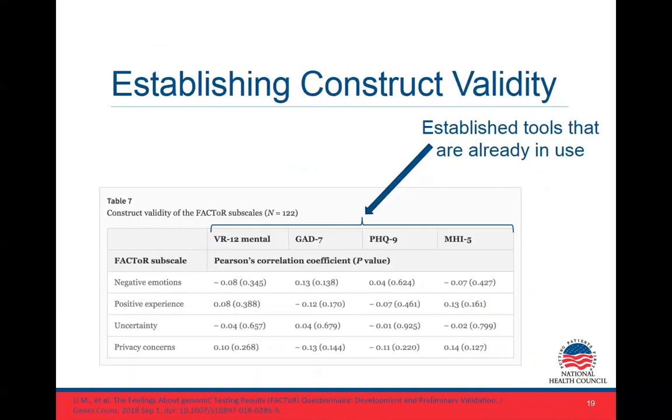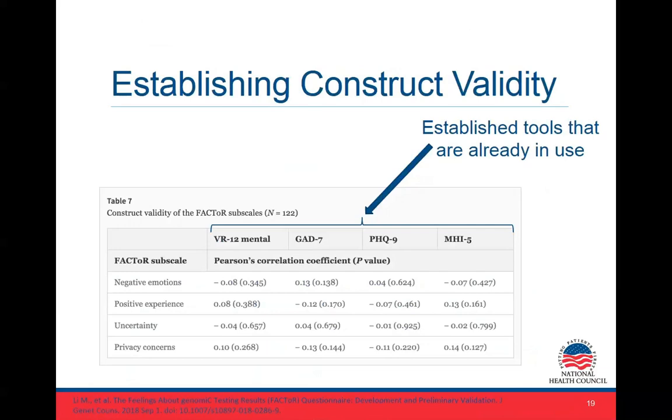They were established tools that were already in use: the VR12 Mental, the GAD7, the PHQ-9, and the MHI-5. When we're trying to establish construct validity, we want to be sure that the tool does what we think it's going to do in measurement of the things that are important, and that it is zeroing in on those specific issues.